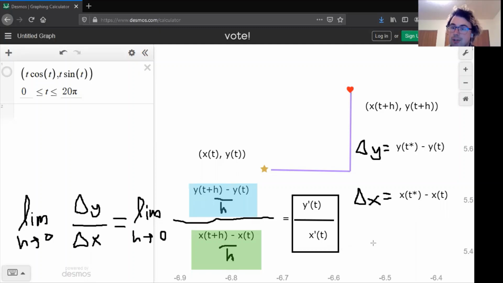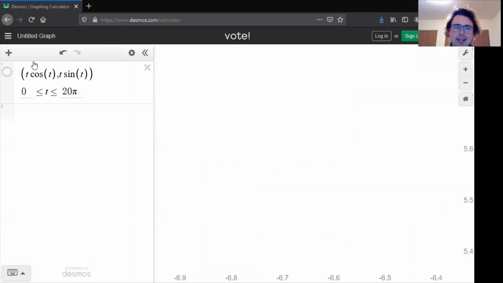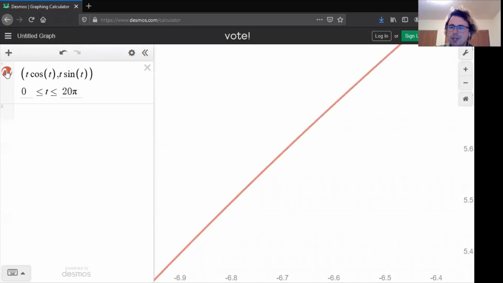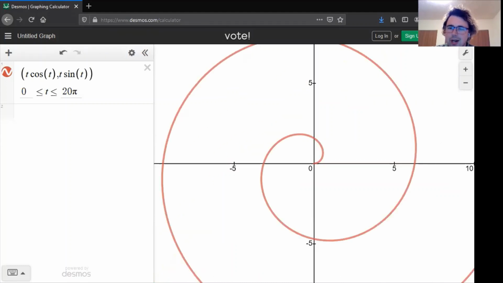It turns out that the slope of a parametric curve is determined by calculating two derivatives, dividing one by the other. So let me test this idea, again using this curve that I care so much about.